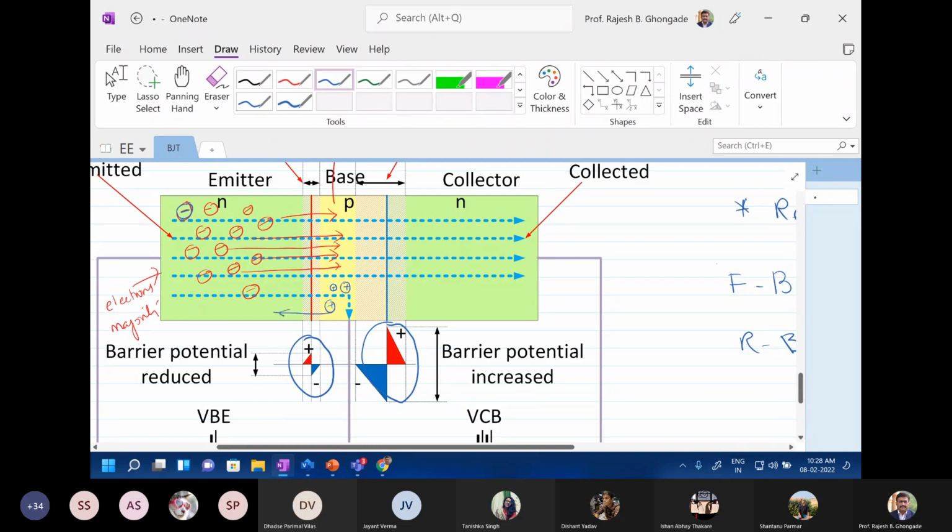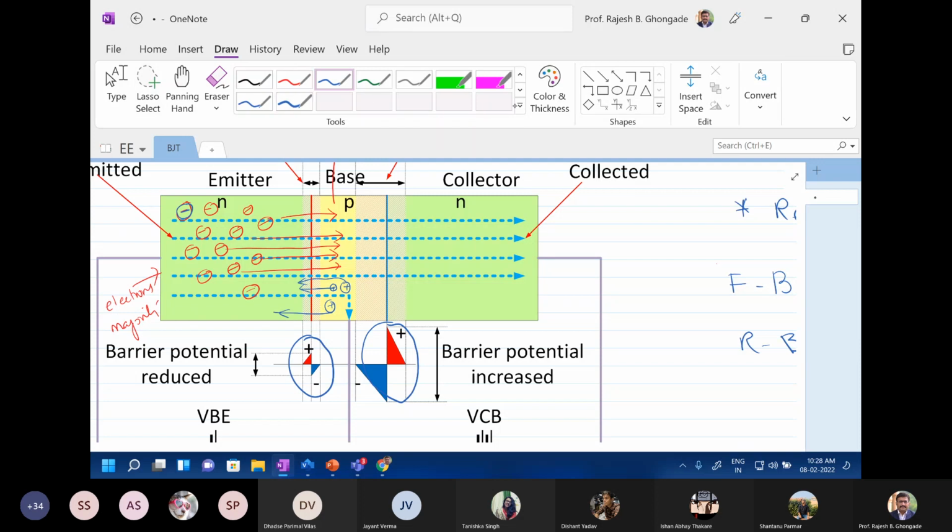Okay, there are very few, and they will cross over here like this. This may be because of some temperature effects and so on and so forth. ठीक है ना? There will be small current corresponding to the minority charge carriers or majority charge carriers from base coming into the emitter.